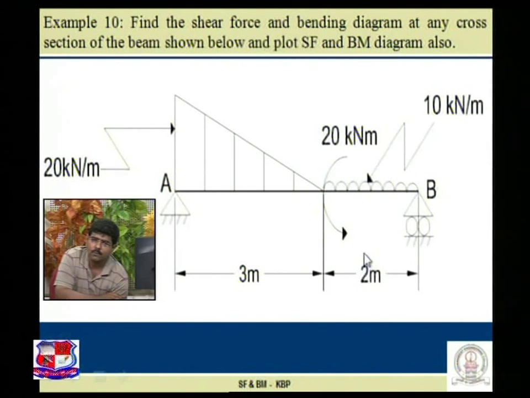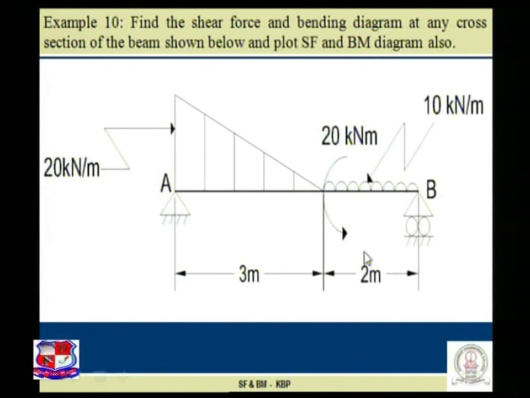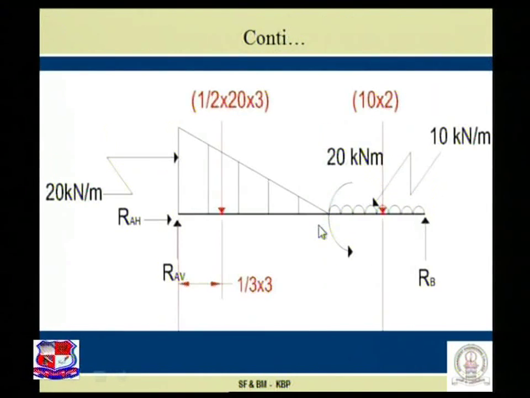Now let us find out, step number 1 is support reactions. Our intention is to find out the support reactions first. Before we find the support reactions, let us modify the figure and convert the UVL and UDL into equivalent point loads.